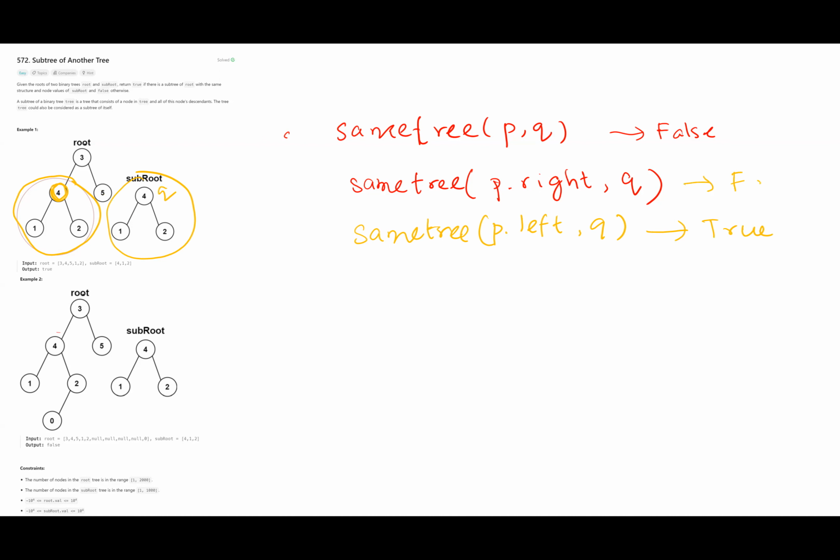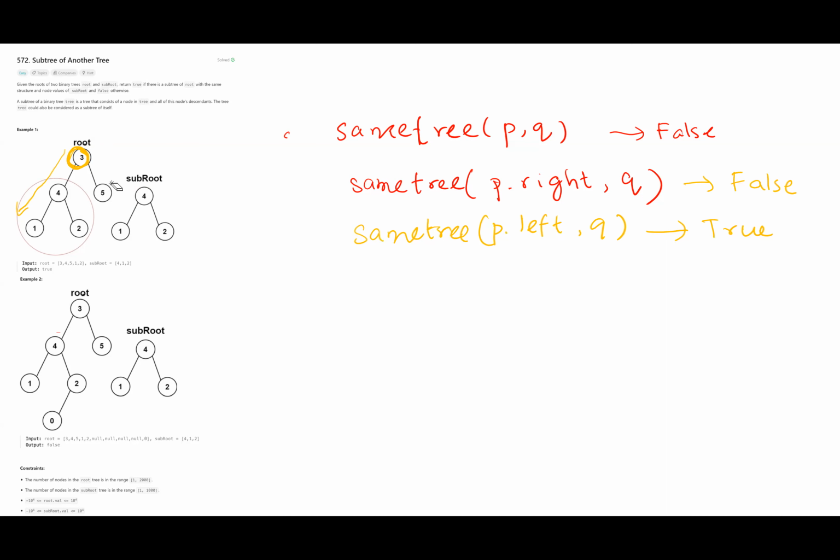So basically, the idea is we will traverse through the original tree, and after going to each node, we will see, when I'm here, if the tree that starts here matches the other tree.